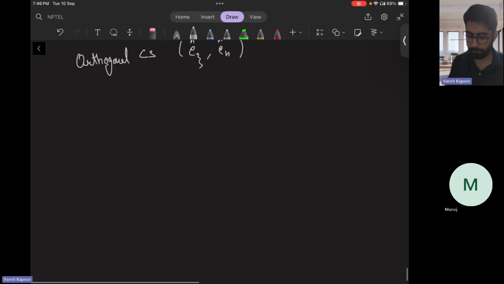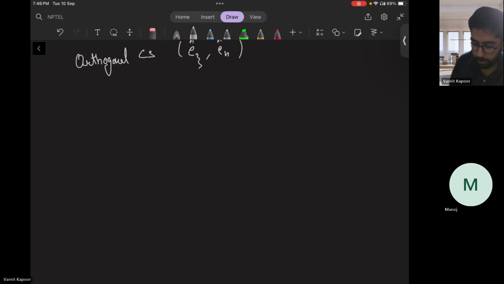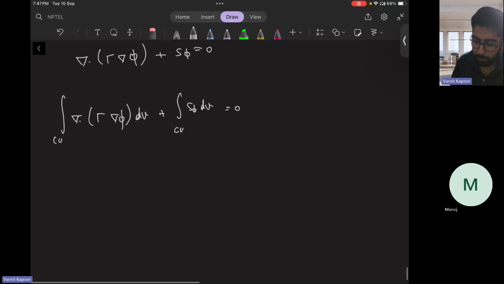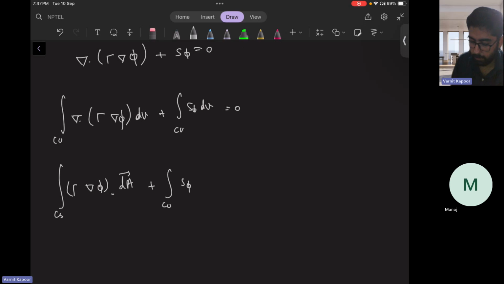So our equation was the diffusion equation: del dot (gamma grad phi) plus S_P equal to 0. Integrate over the control volume, equal to 0. Apply Gauss divergence theorem. That will be the control surface integral plus the control volume integral of S_P dV equal to 0.